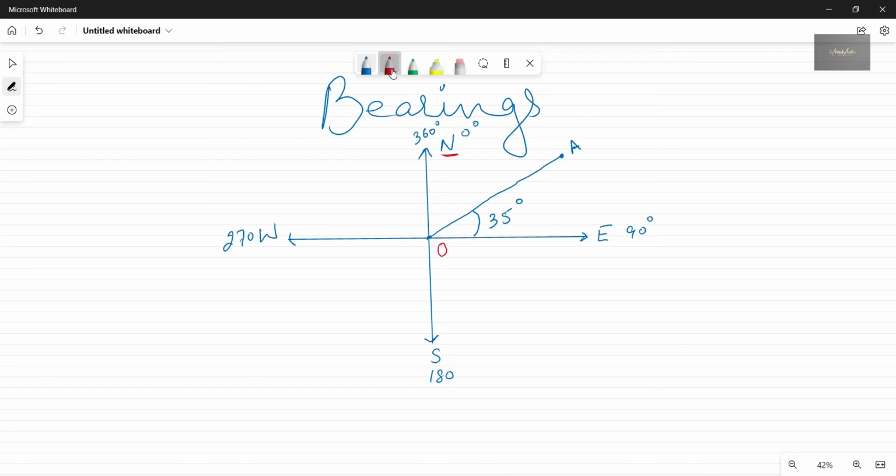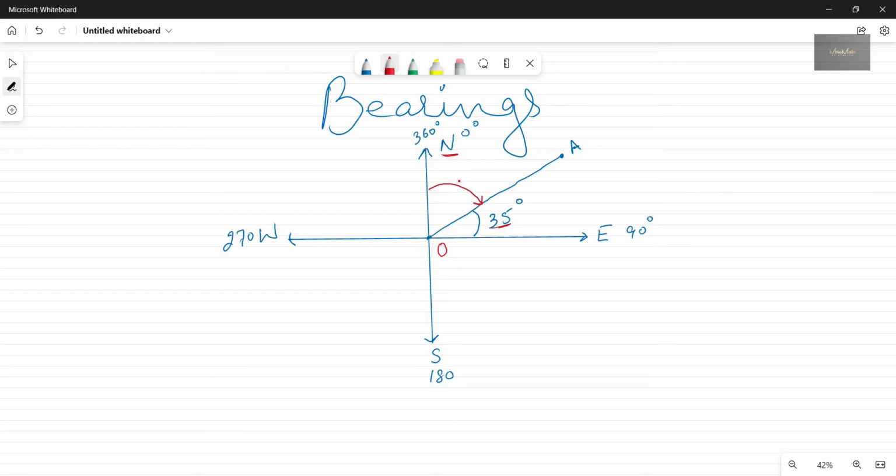As I told you, bearings are always measured from the line of north, so this is the line of north, and this angle is our answering angle. North till east we have 90 degree, and how can we find this angle which I have marked with red? You can say that this 35 is along with the line of 90. You will subtract 35 from 90 and you will get your answer for this bearing.